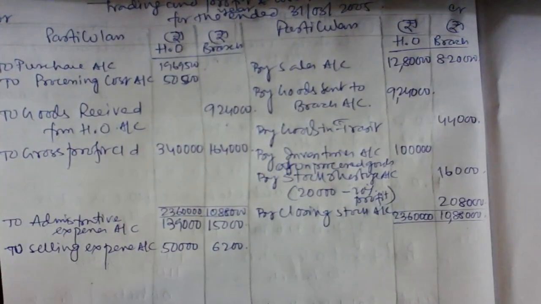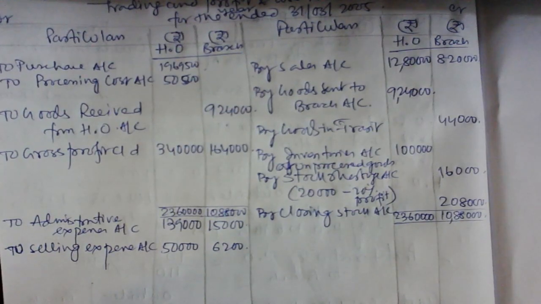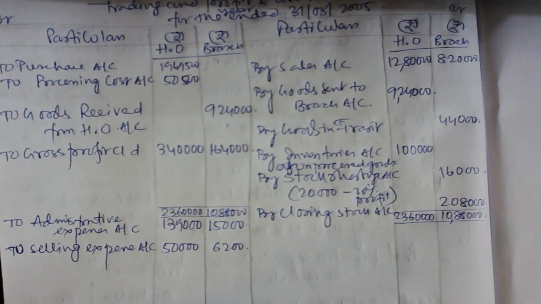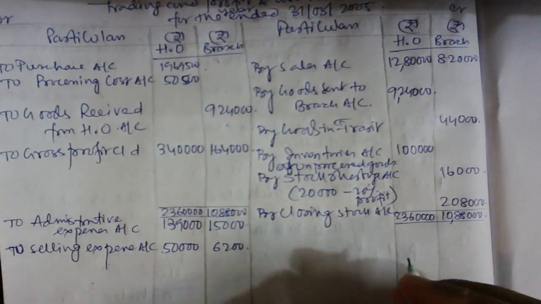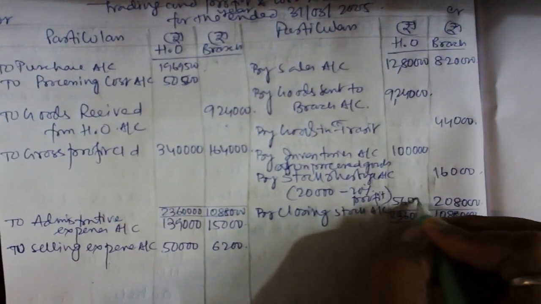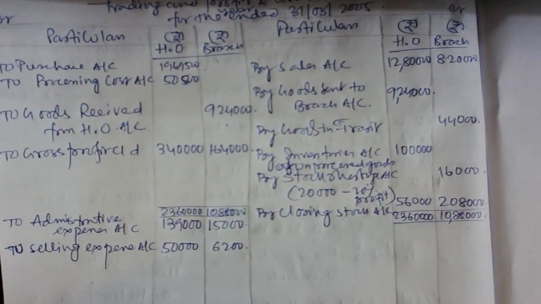Minus these three: 23,60,000 minus 12,80,000 minus 9,24,000 and minus 1 lakh rupees. So I am getting a 56,000 balance in the closing stock. That is what we have done.